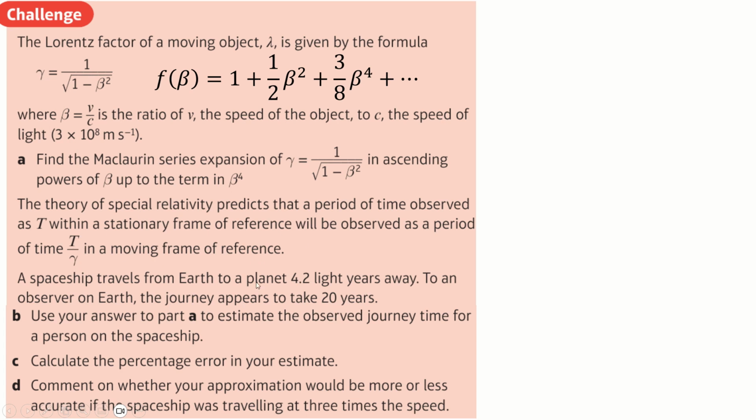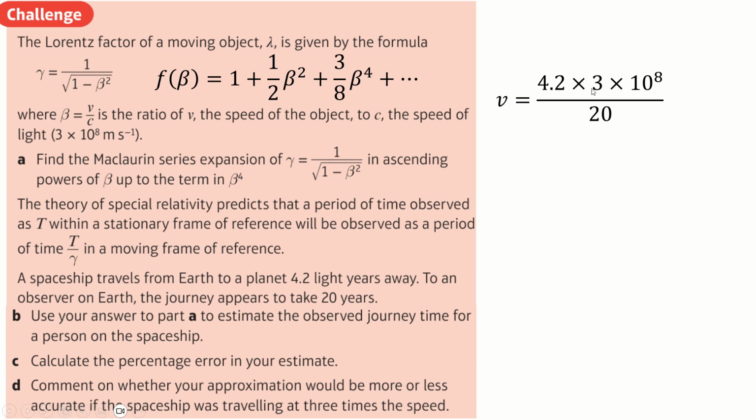Now, 4.2 light years away, that's a distance. A light year is a distance. It's the amount of distance light can travel in a year. So I think we can work out the speed by doing speed equals distance over time. The distance is 4.2 times the speed of light. Okay, this is wrong.